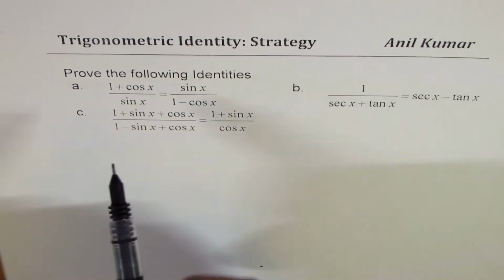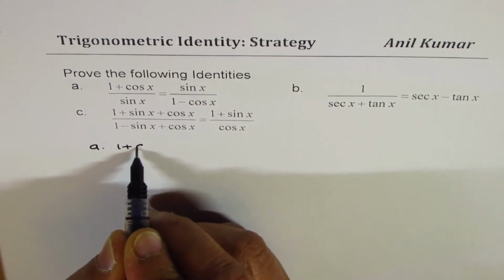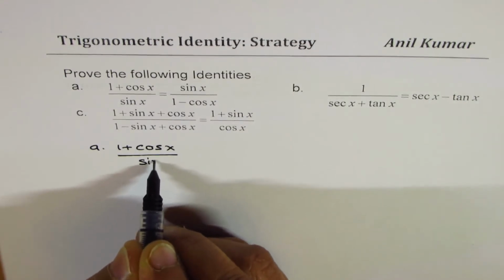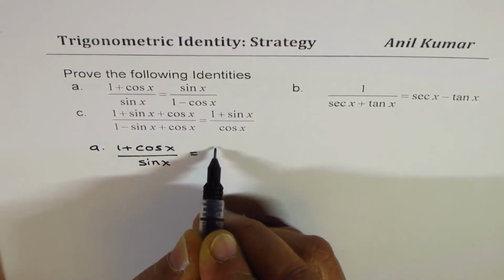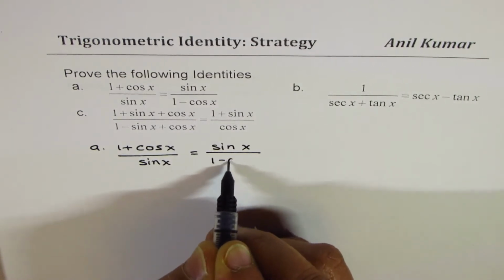Let me begin with part A, which is (1 + cos x) over sin x equals sin x over (1 - cos x).